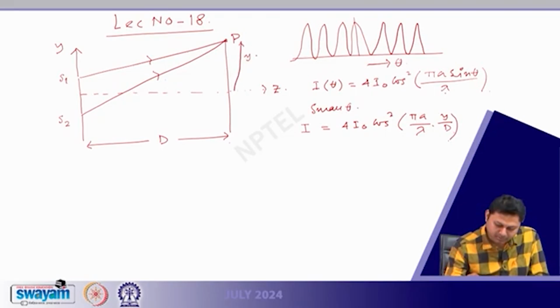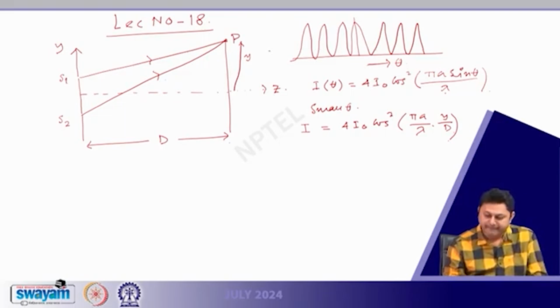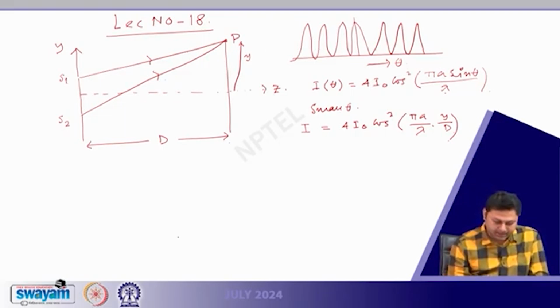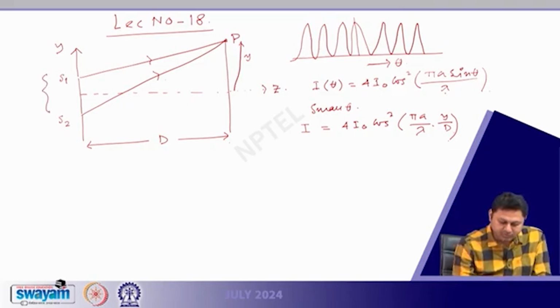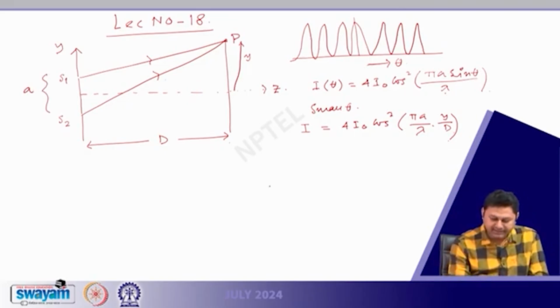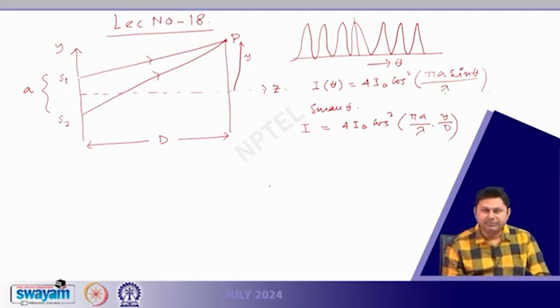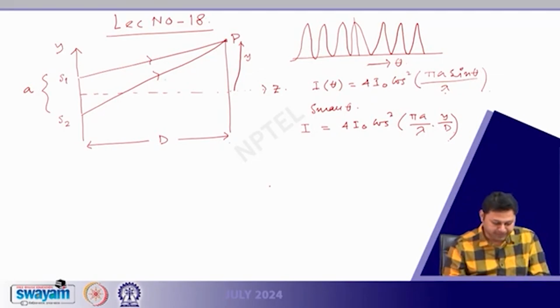This S1 to S2 separation was a, this is D, a, y and lambda. All the parameters are now known to me.